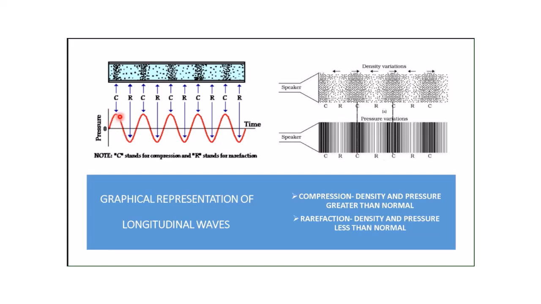So these peaks above the reference line depict the regions of compression, while the peaks at the bottom depict the regions of rarefaction. I hope you have understood this graphical representation of the longitudinal waves.